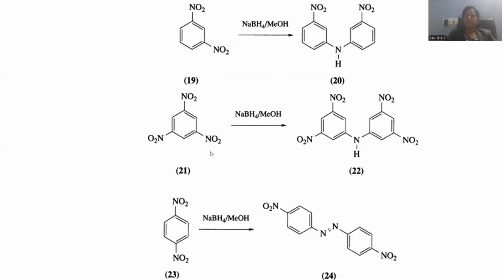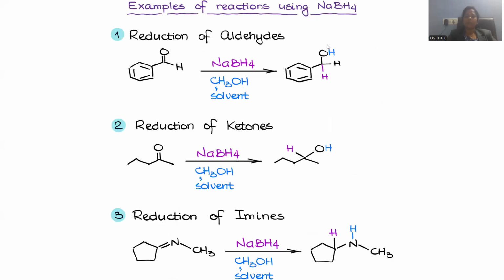In case of meta substitution, you observed only one nitrogen between two aromatic rings. But in case of para substitution, that gives rise to an entirely new product where the azo linkage is noticed and the two para positions are occupied by nitro only. They are not reduced. Selective reduction is carried out at the azo linkage only. This is another peculiar example you can notice for this nitro reduction.